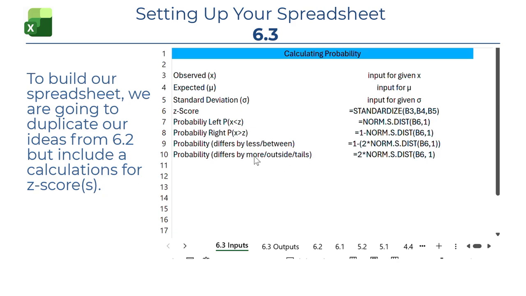And the probability that it differs more or is outside or in the tails is 2 times NORM.S.DIST. The only difference is now I've got an input for a given x, for a given mu, for a given sigma, and then to find the z-score. So this is exactly how we're going to set up our spreadsheet so that we can answer any of the questions in this section.